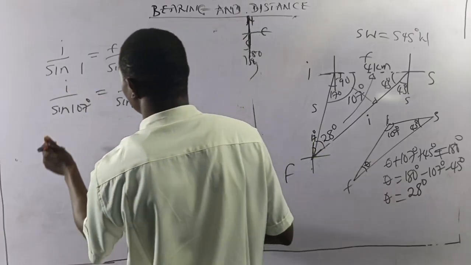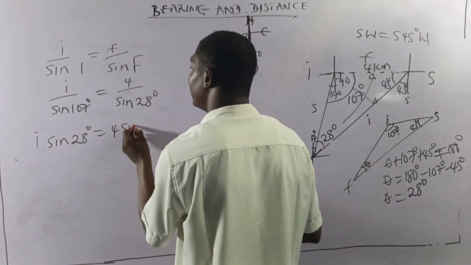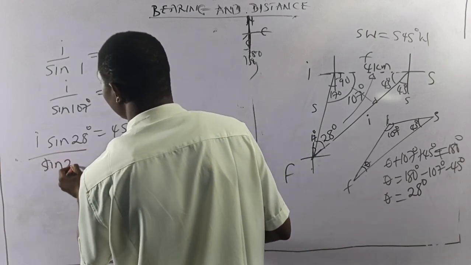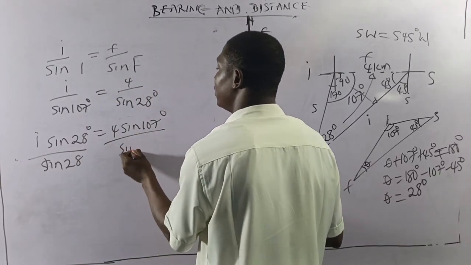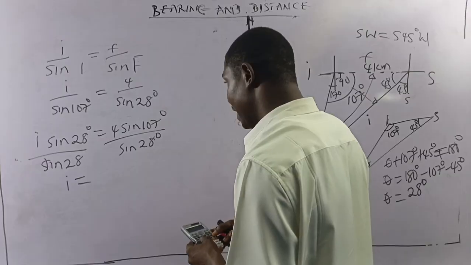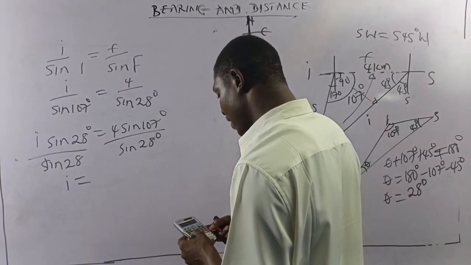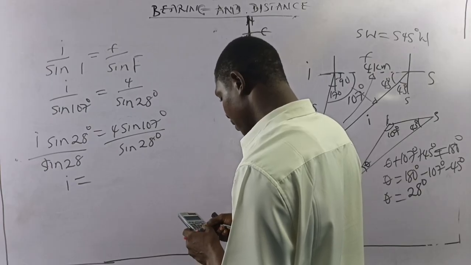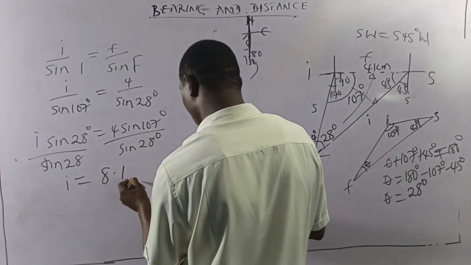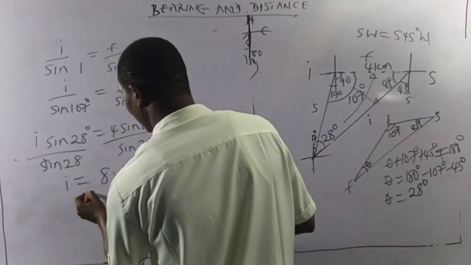Making I the subject of the formula, I'll have I sine 28 degrees equals 4 sine 107 degrees. And I'll divide through by sine 28 degrees since I'm looking for I. So I will be equal to 4 sine 107, which gives me 3.8252, divided by sine 28 degrees, which gives me 8.1479 kilometers.